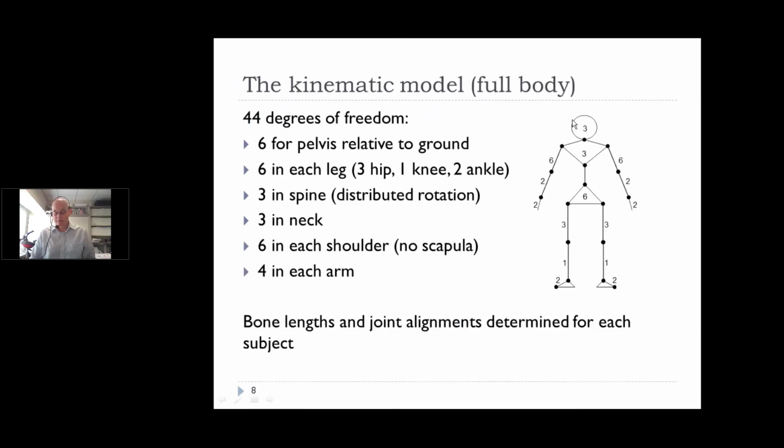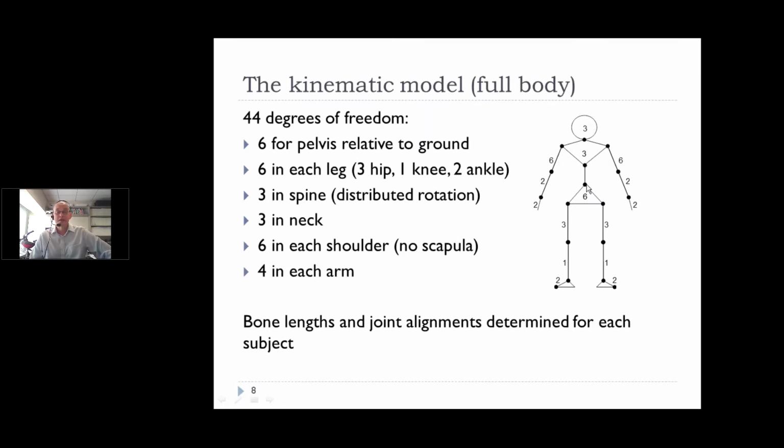Okay, I'll present the model in a little bit of detail. So the full body model has 44 kinematic degrees of freedom, and they are sketched over here. So first of all, 6 degrees of freedom for the pelvis, motion, translation, rotation relative to the ground. Then we have 6 degrees of freedom in each leg. 3 in the spine. There are 2 joints in the spine, one just above the pelvis and one between the lumbar spine and the thorax.